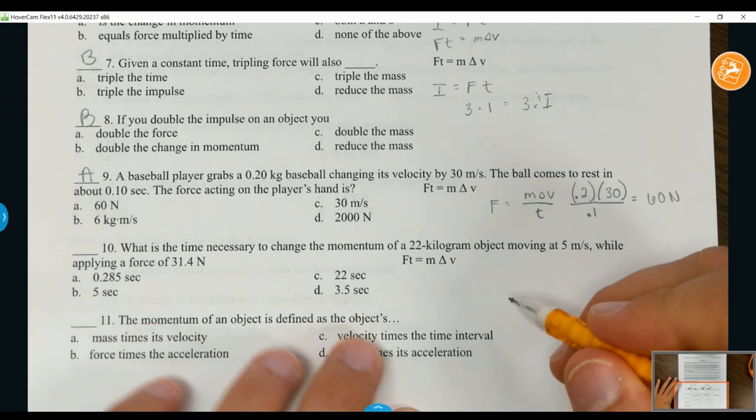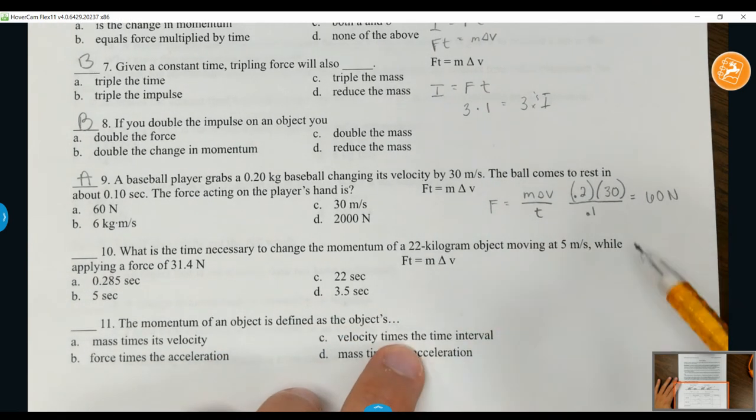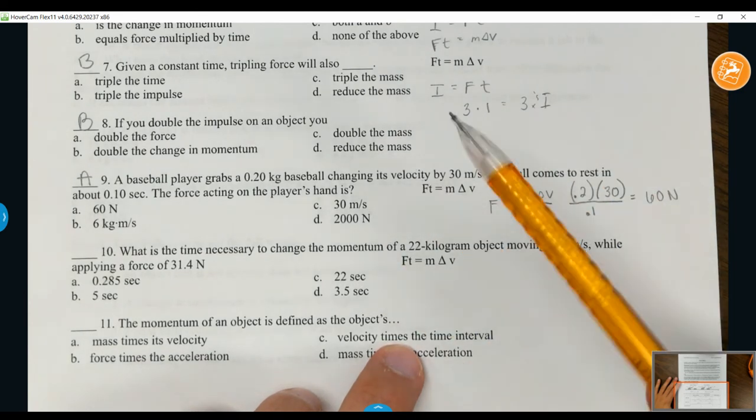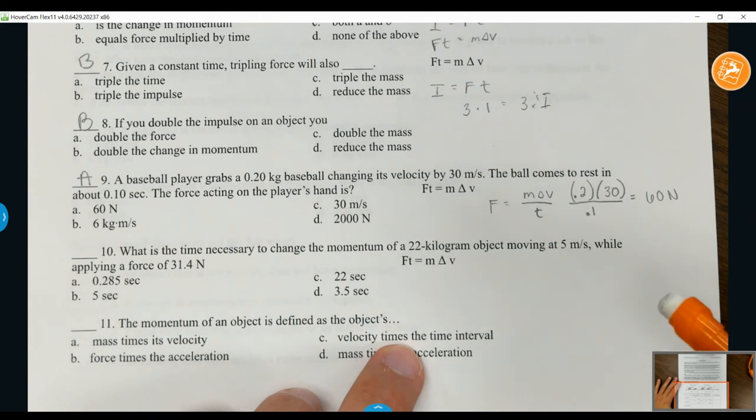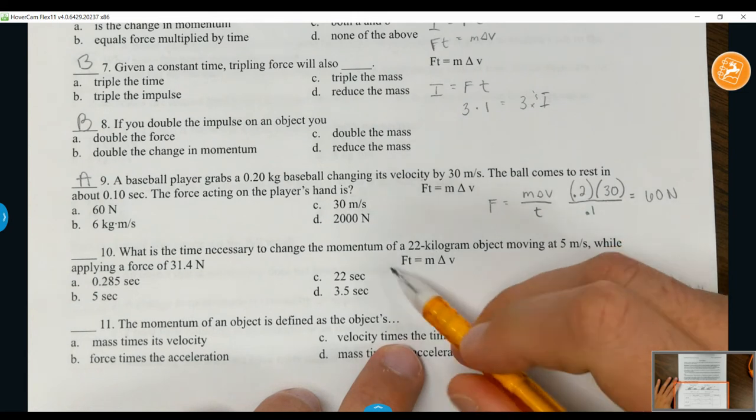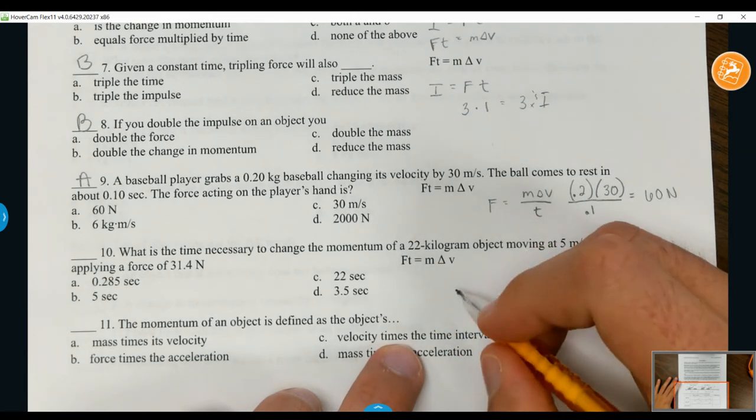In number 10, a 22 kilogram object moving at 5 meters per second while there's a force being applied of 31.4 newtons. What time is necessary to change this momentum? So just simplifying here, we want T this time.